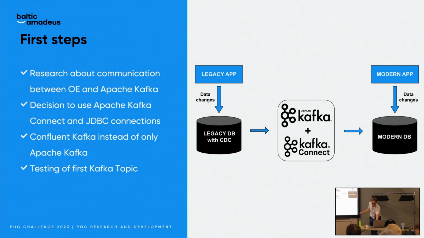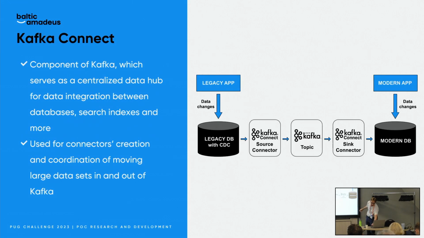I probably missed actually showing you the change, but Apache Kafka has a component, Apache Kafka Connect, and we decided to use specifically Apache Kafka Connect because it helps us to stream the data specifically between the two databases, or even more databases. And as I mentioned, it is a component of Kafka, which serves like a centralized data hub.